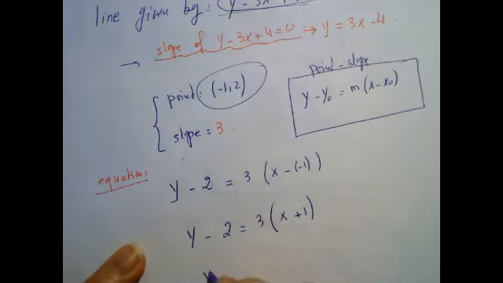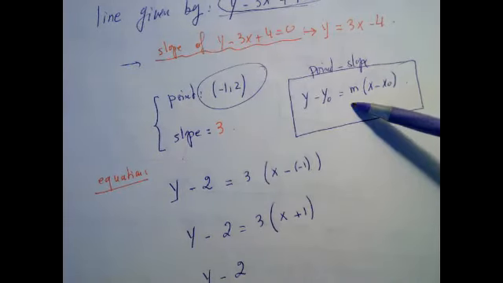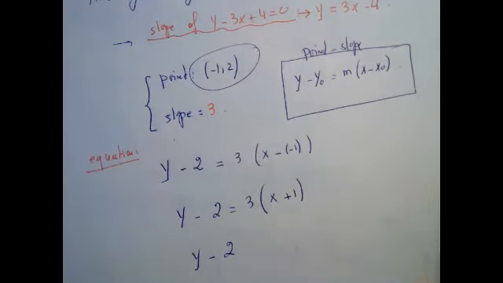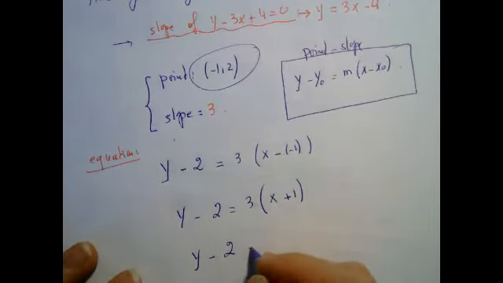And now I rewrite it. As I said, there are 2 ways you can use to find the equation of the line. You can either do the point slope or y equals mx plus b. So I will practice different ones in different problems.